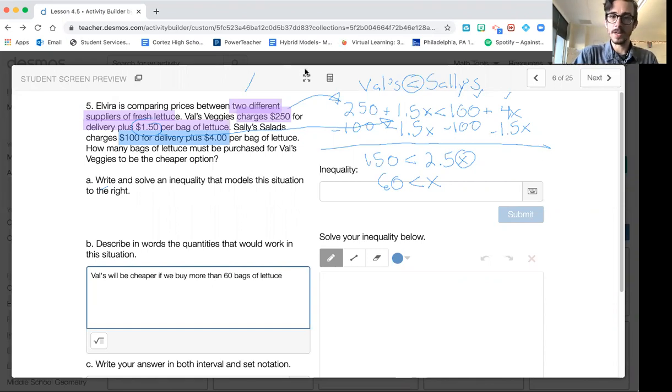As far as the notation for this, you could say that you're starting at 60, that's going to infinity. So again, making more than 60, which is, yeah, that's fine. You then have 60 as your bottom bit, that's less than x. So this is the interval notation. This is the set notation. There you go.